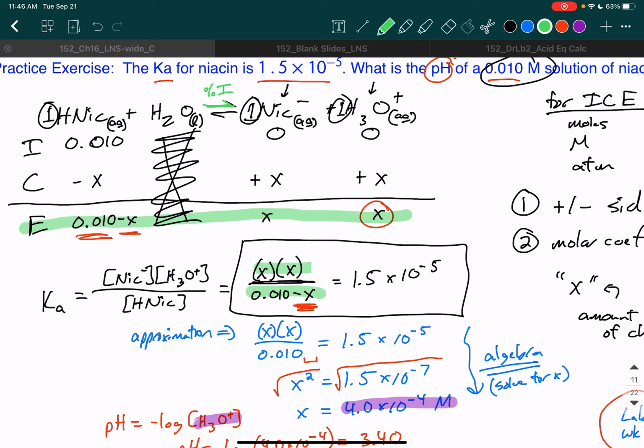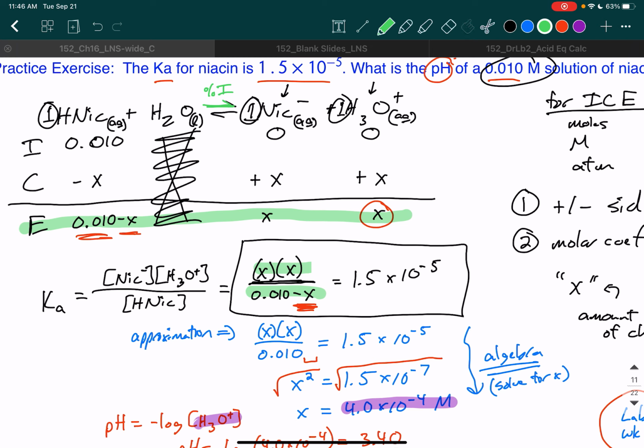This one is 4%. The ionization here is about 4%. We'll do that later in class. If the ionization is too high, above 5%, then the approximation that I'm about to talk about doesn't work.